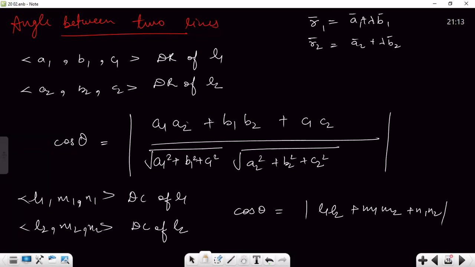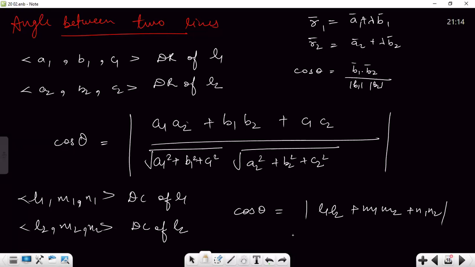So what we have to find is the angle between B1 and B2 only. If we have to find the angle between two vectors, we take their dot product and divide by their magnitudes. This is exactly what we have done here, here and here. Understood?